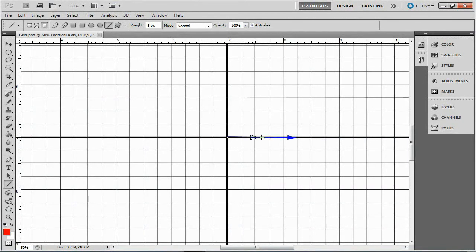So 1, 2, 3, 4. 1, 2, 3. So that is our vector, and this has to be length 5. Remember, 4 squared plus 3 squared is 25. Take the square root, it's 5. Okay, but they're not right on top of each other. They're the same length, but they're separated.